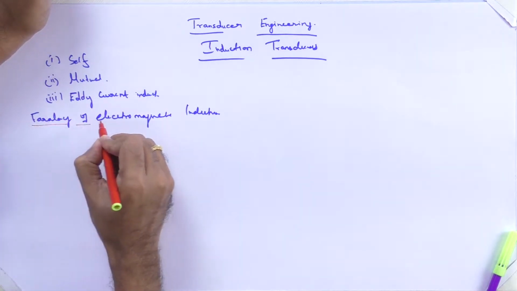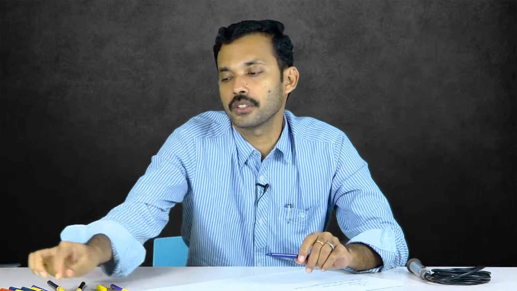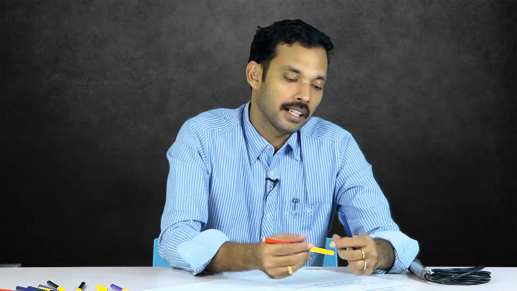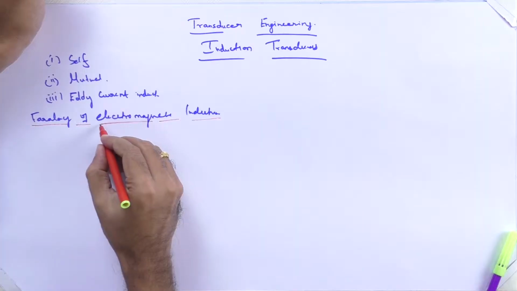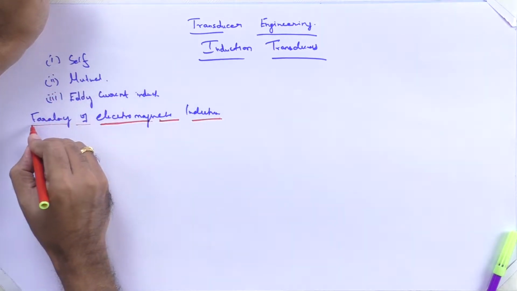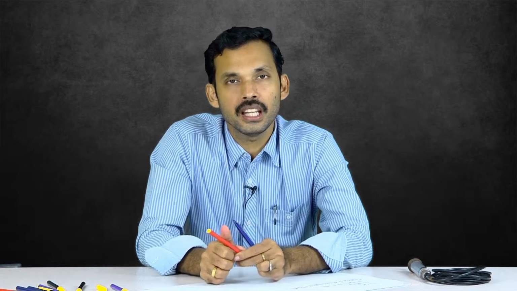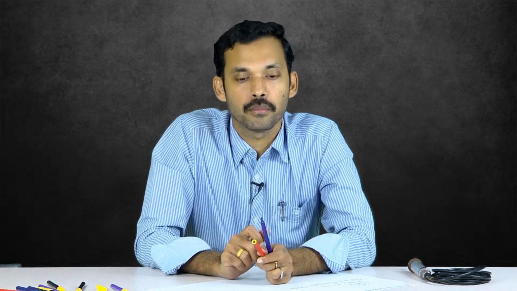A spinning motor, whatever we have, is governed by this law, the Faraday's law of electromagnetic induction. And this law also governs self-induction, which states that when there is a change in magnetic flux through a current carrying conductor, then there occurs an EMF.